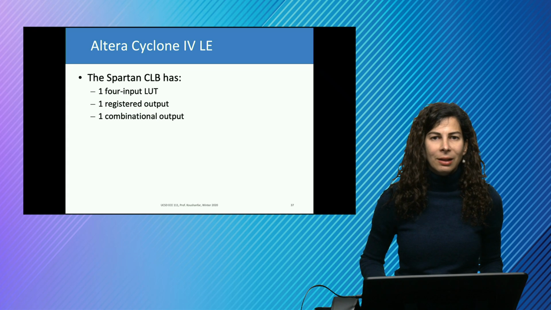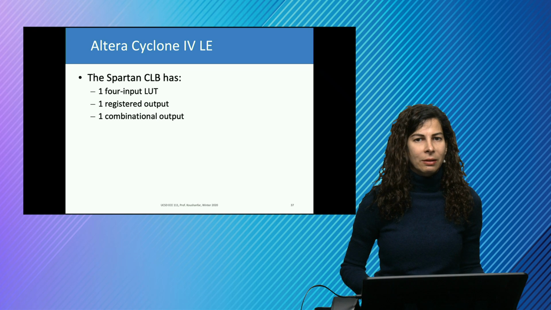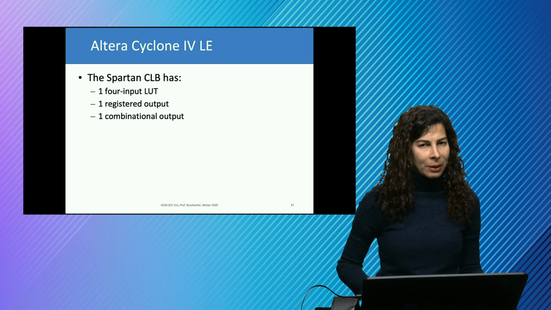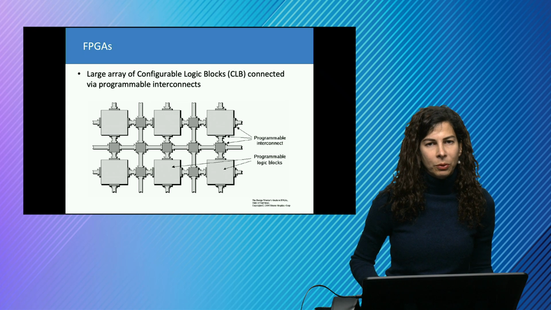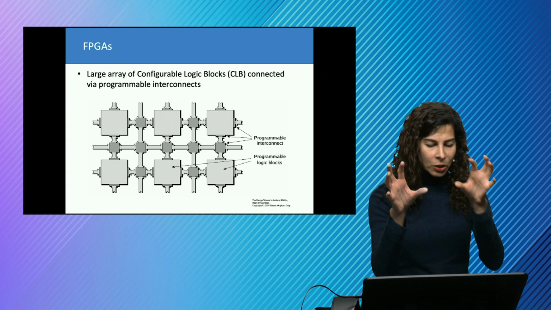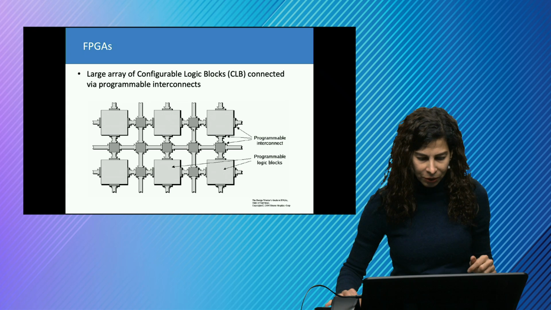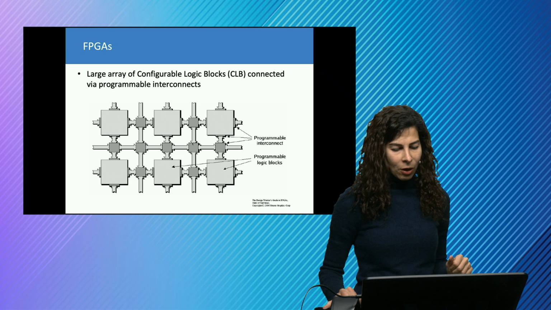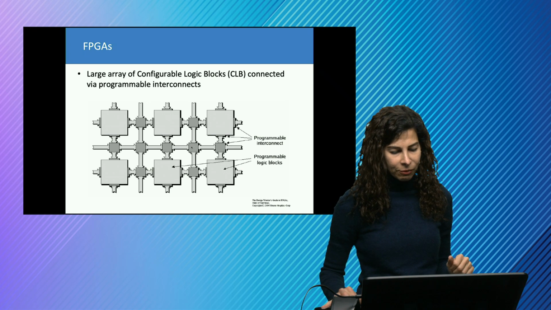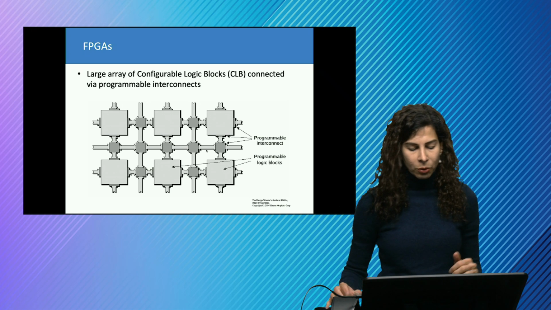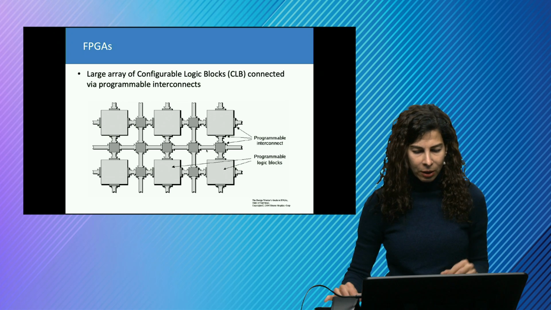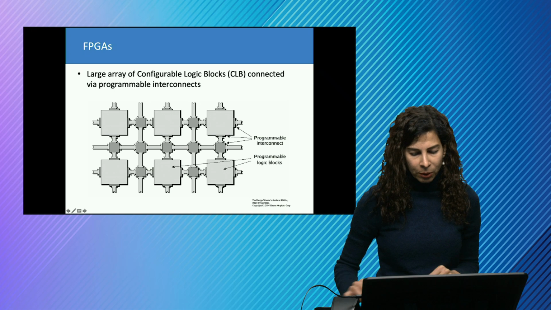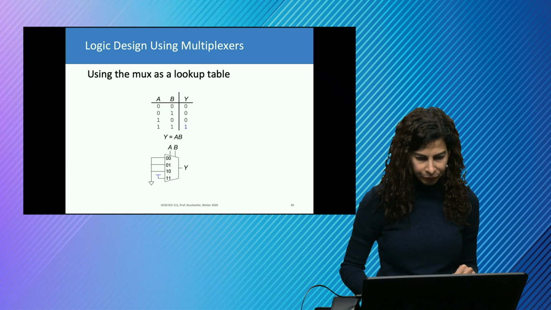One of the most basic Altera Cyclone devices has one 4-input LUT, 1-bit output, and one combinational output. And then these logic arrays are connected, as you see here, using programmable interconnect. Typically, these are switches that can connect the different ports coming in from these sides to different parts here. So they could actually connect different logic blocks or configurable logic blocks to each other.